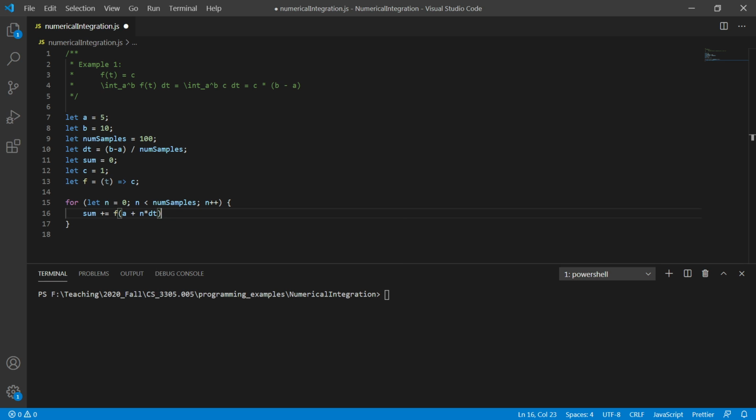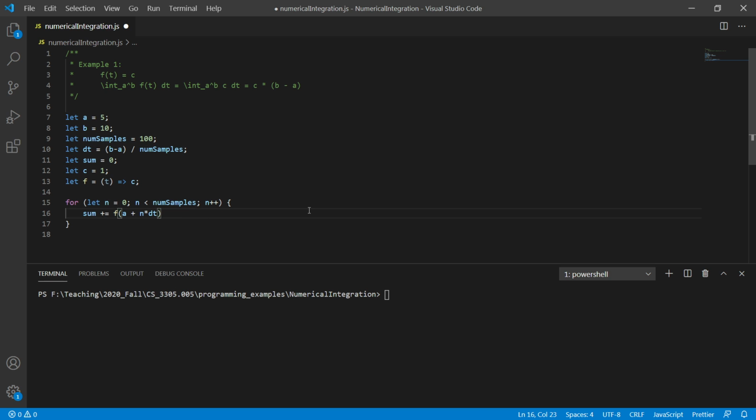So if we were taking 5 samples, then for this first value t would be 5. The second value, t would be 6. The third value, 7, 8, and then 9. And we wouldn't draw a rectangle extending beyond 10 because 10 is our stopping point. Right? So we've computed our step size, and we have the number of samples already measured out.